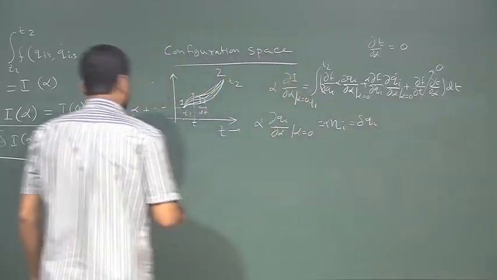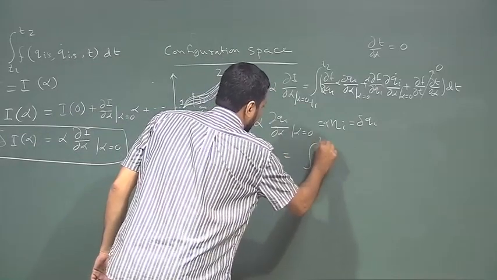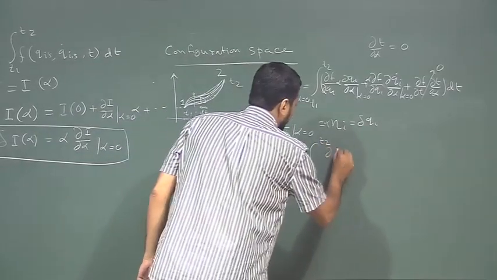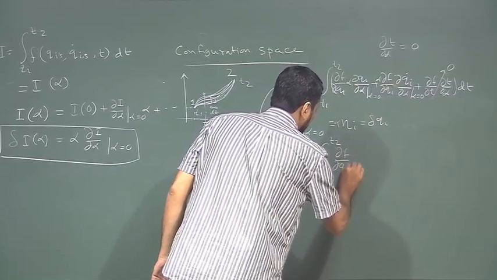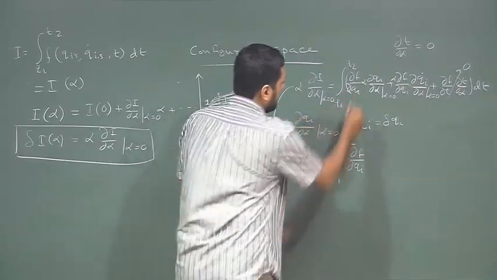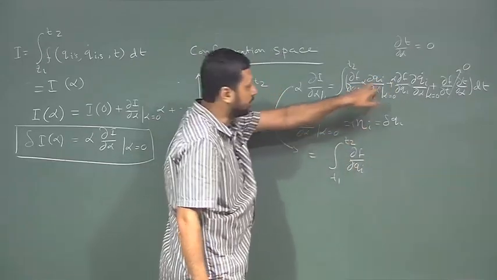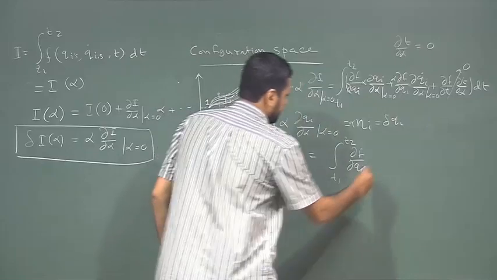So, this integration takes the form integration t1 to t2 del f del q_i delta q_i. Oh, by the way, there is a summation over the index i, because it is a repeated index, which is implicit in this.